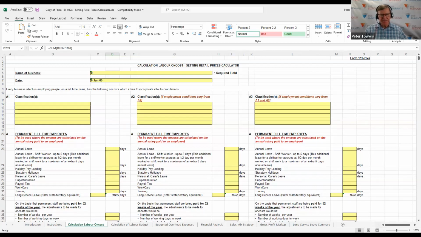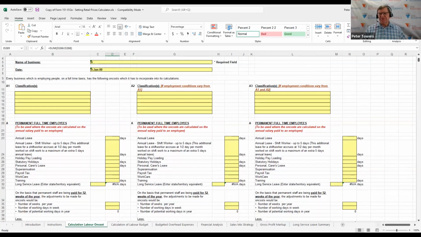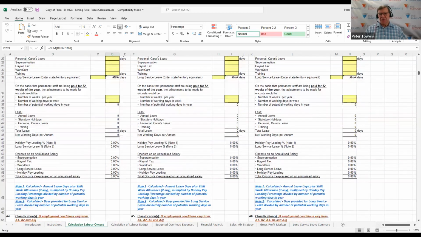So that relates to their annual leave, if they're a shift worker, what the shift worker allowance is, so that we've given you plenty of opportunity to get these variables reflected for the individual classifications that they relate to. And in the system, we do have a worked example that you can have a look at if you're a subscriber, so you can understand how all this works.